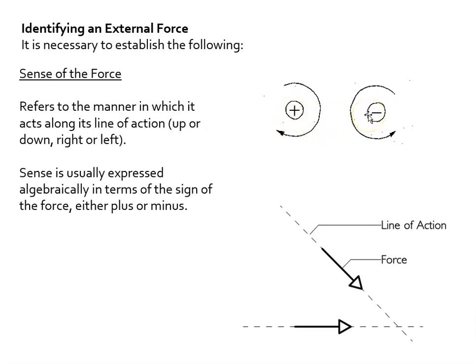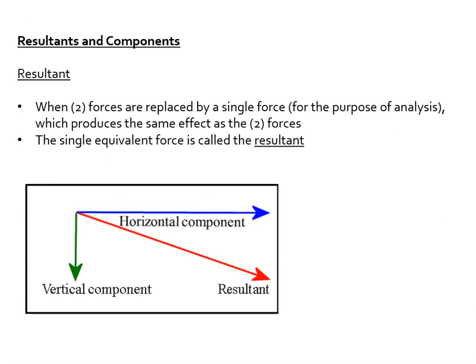As long as you're consistent in how they're applied, then going back to that very first slide, everything nets out to 0. We have 100 going down, 100 going up, and the answer is 0. 100 going this way, 100 going that way, and the math equals out to 0. All right, so that's the sense, the direction, and that's how it manifests itself in equations.